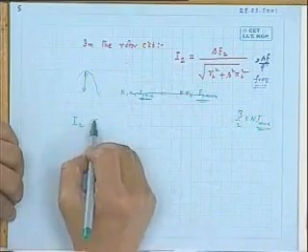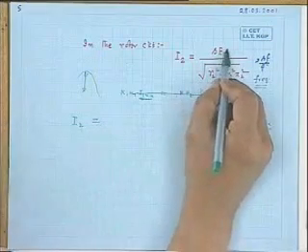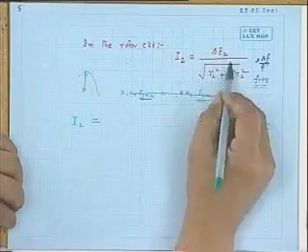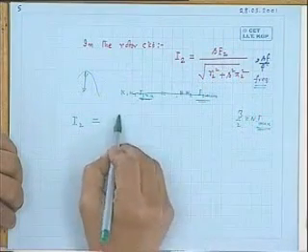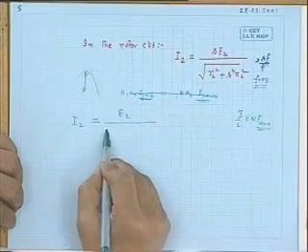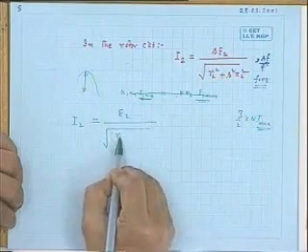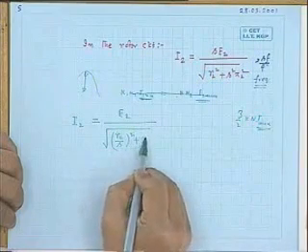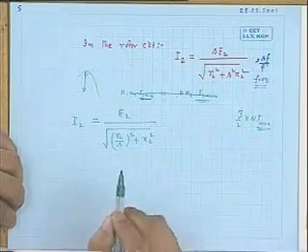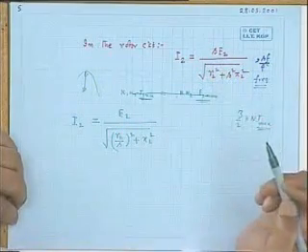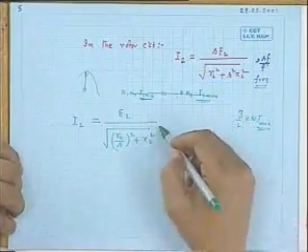This expression of the current I2, I will divide numerator and denominator by the term S. So, this is E2, and this will become R2 by S whole squared, and this will become X2 squared. You simply divide by S.